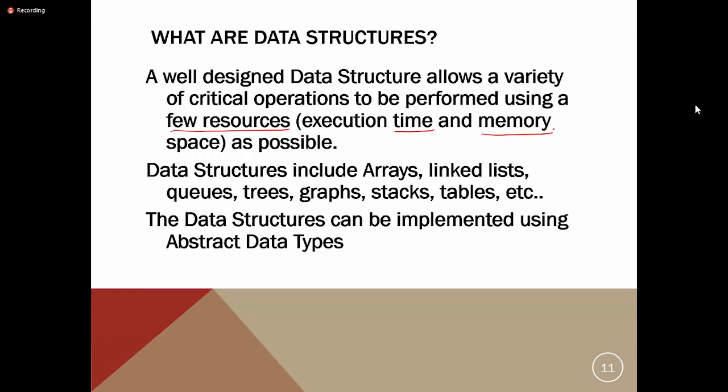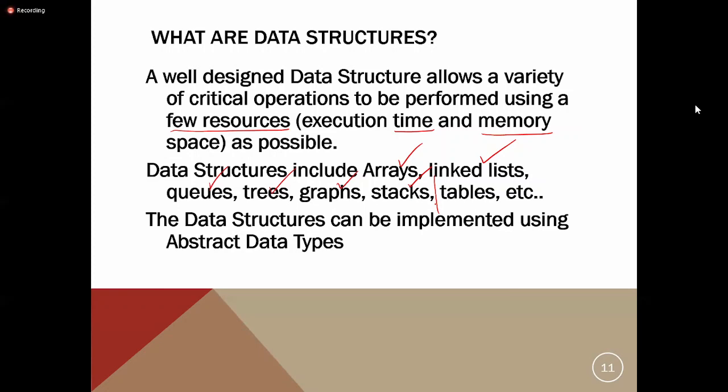Right, so data structures include arrays, linked lists, queues, trees, graphs, stacks, tables, and there are some more as well. But during our lecture series, we will learn arrays, linked lists, queues, trees, graphs, and stacks. And we are not going to go into tables.